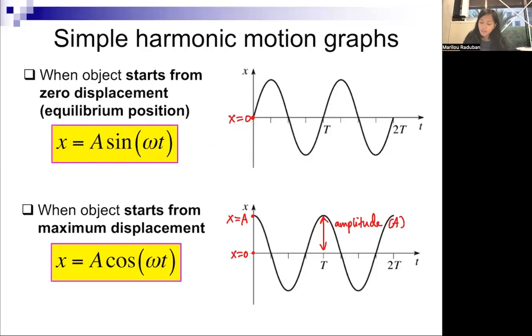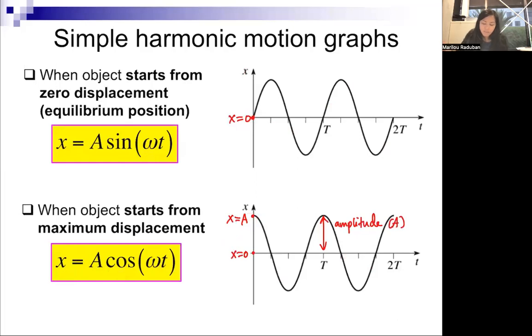Okay, if the problem says the object started from the maximum displacement, or says the object was displaced 2 meters from the equilibrium position and then it started oscillating, then that will be this graph here where the object started from the maximum displacement. So when you want to find where the object is at a certain time t, then you use the cosine equation.